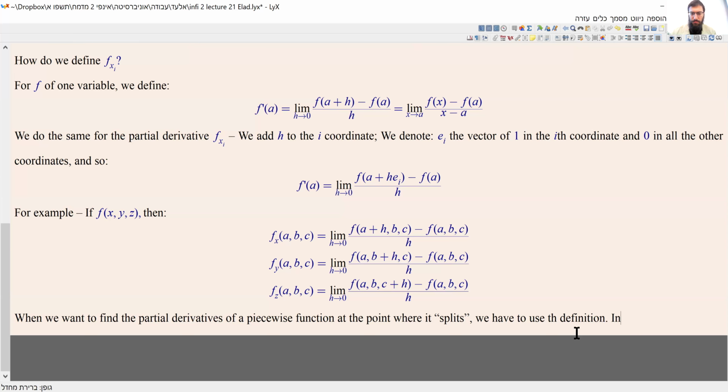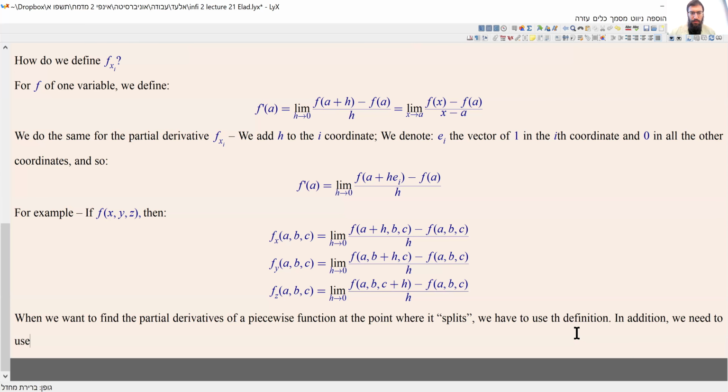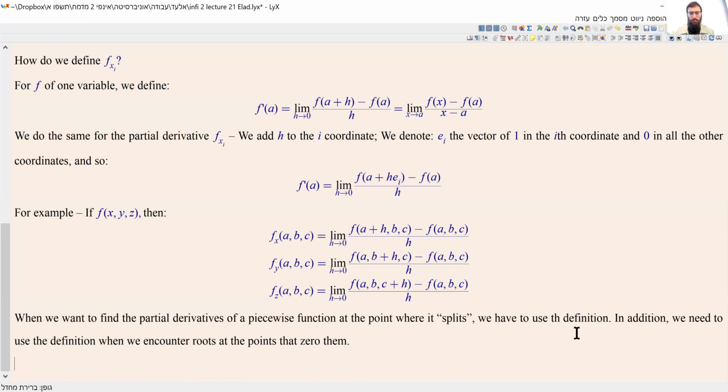Furthermore, we need to use the definition when we encounter roots at the points that zero them. Let's write two examples. Then we explain what I mean by zero them and so on.